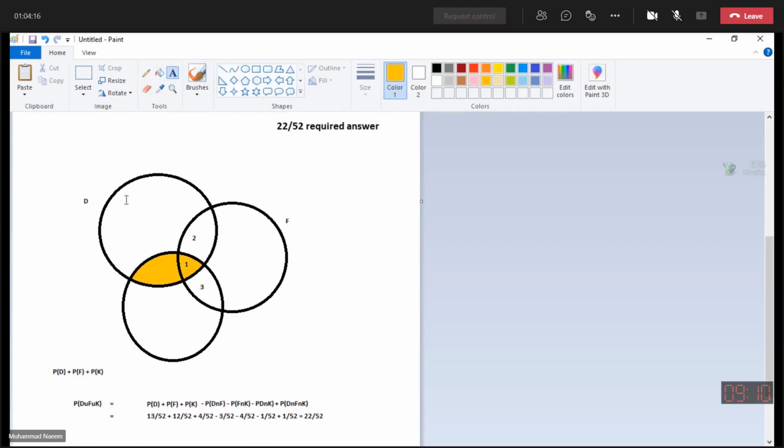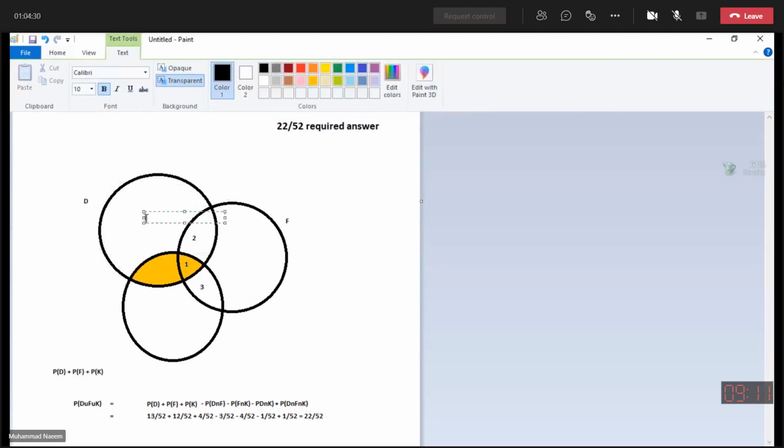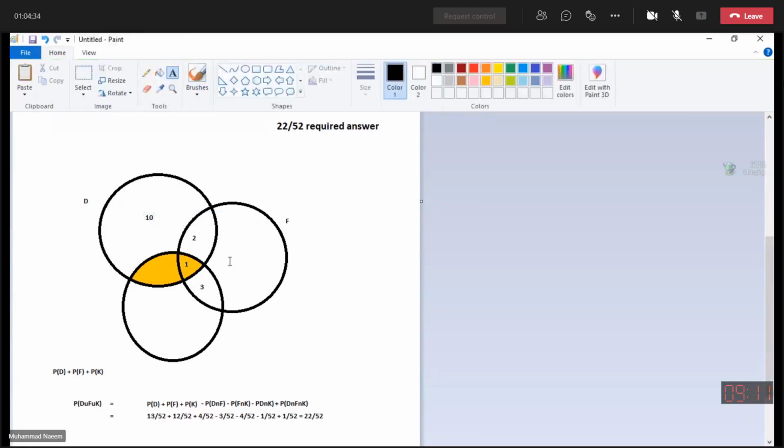Now find the elements, complete the number of elements in D. In D we have 13. 3 are already there, so the remaining 10 will be in this portion.